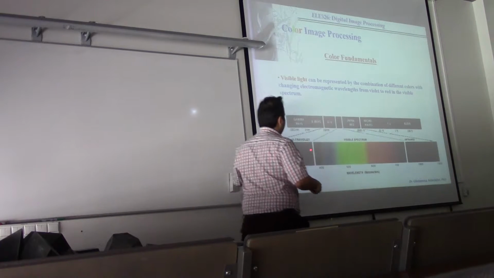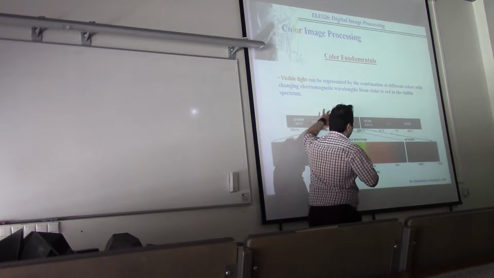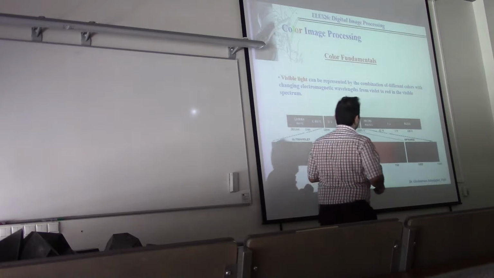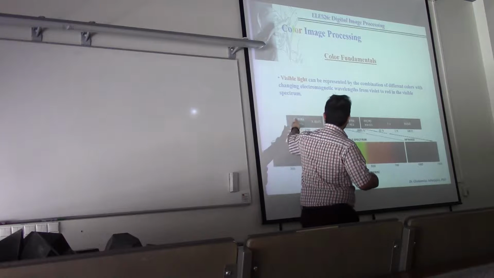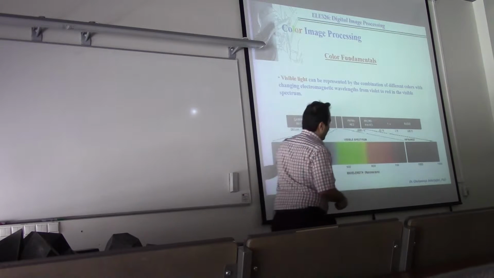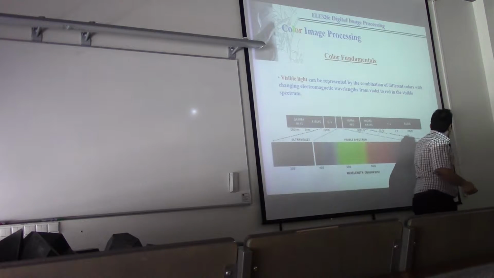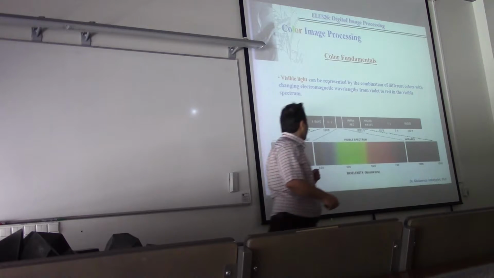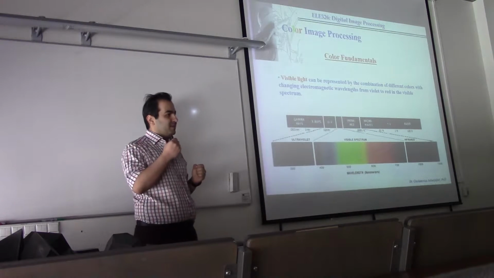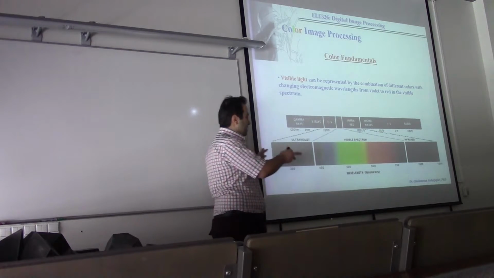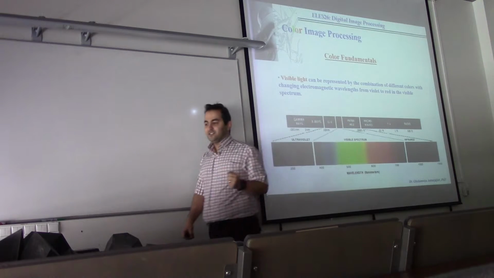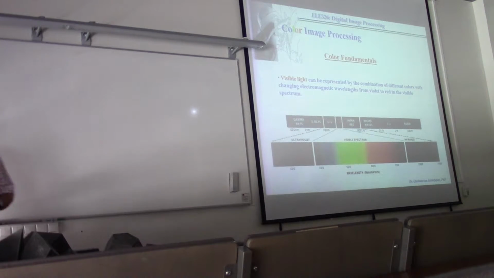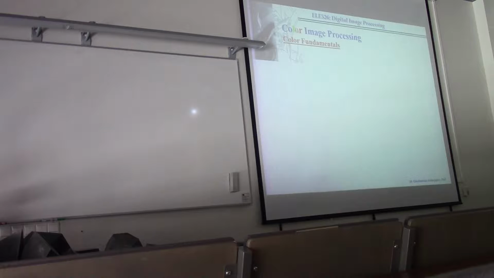You know that, for example, this area and this area are not visible by the human eyes: this area is the ultraviolet, and this area is infrared, which is not visible to the human eyes. We talked about this range in the first session.